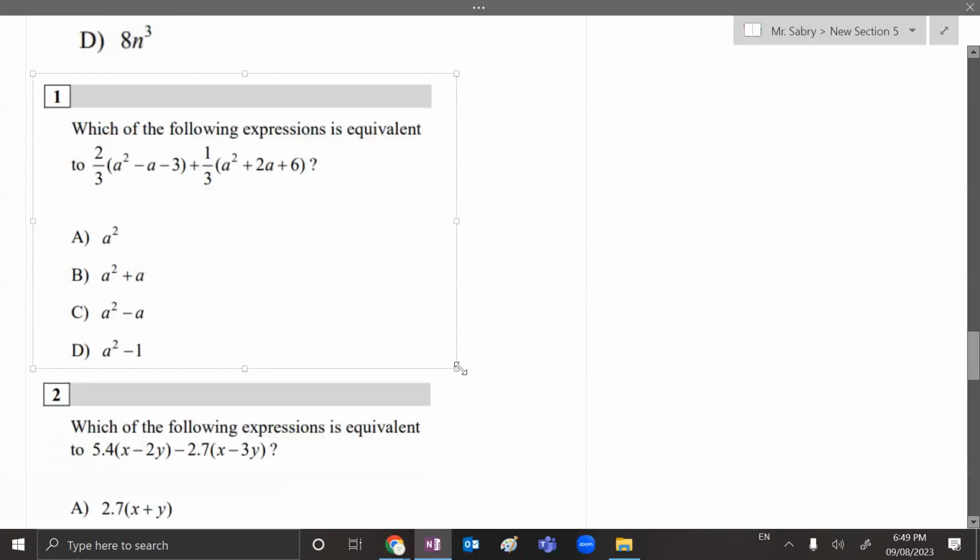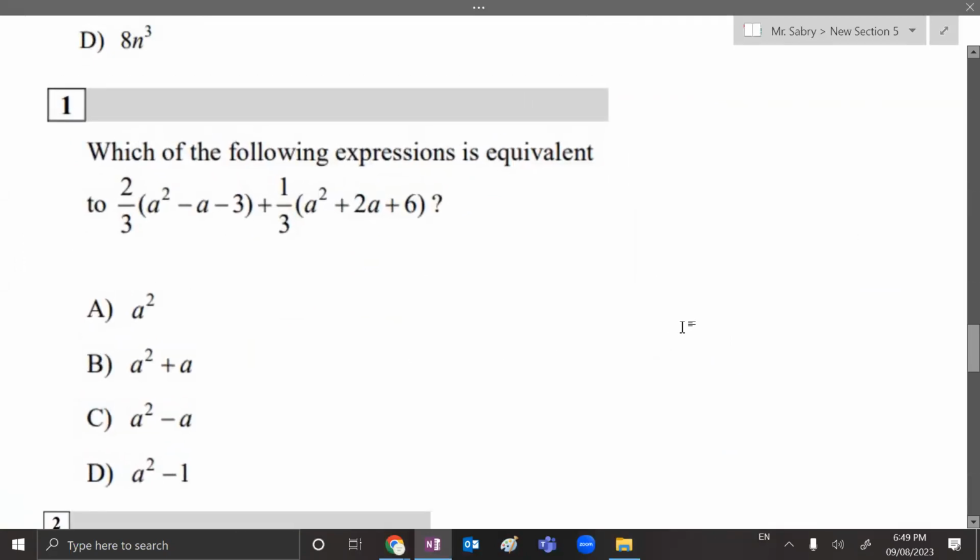We're now trying to combine and simplify like terms and so on. Which of the following expressions is equivalent? Any time I see a number before the bracket, I have to distribute the number on each thing inside the bracket. So 2/3 times a power 2 would become 2/3 a power 2.